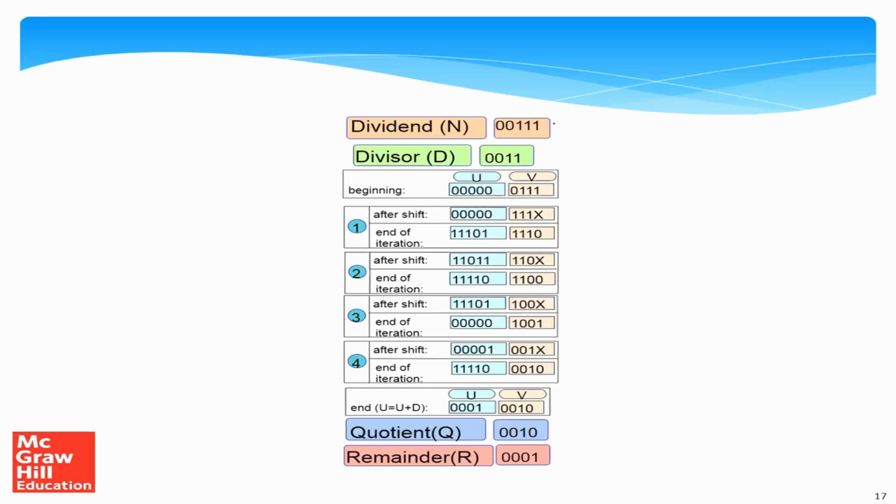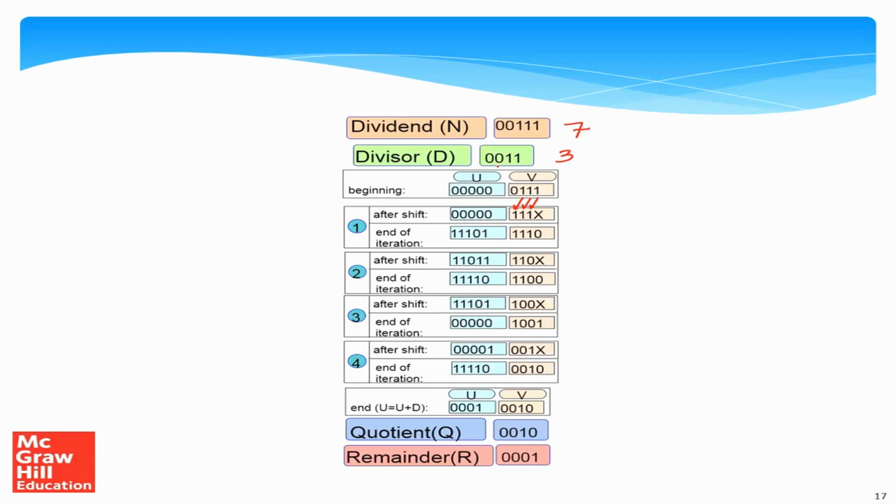So let's again try to do the same division, which is divide 7 by 3. We start with loading the dividend in the register v, and the divisor can remain in register d. In the first iteration, after the shift, we basically shift the 3 bits 1, 1 and 1 over here. And then, since this number is positive or 0, we subtract the divisor.